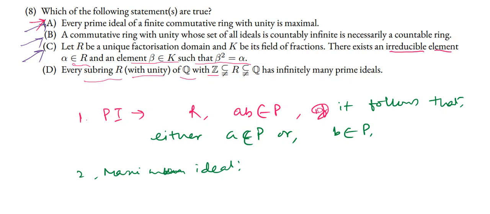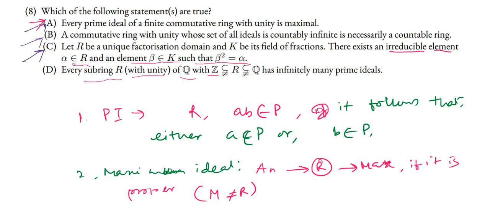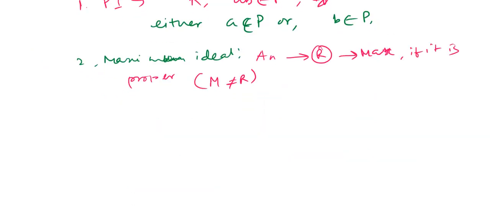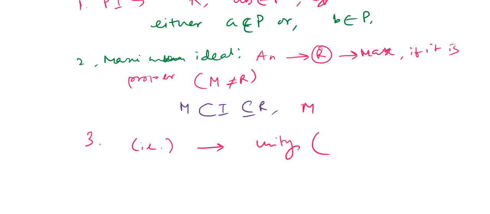So a maximal ideal is here. An ideal M of a ring R is maximal if it's proper, that means M not equals to R, and there is no ideal I such that M is a subset of I, a proper subset of R, where I is strictly larger than M. Now a finite commutative ring is a ring with a finite number of elements, with commutative multiplication, that has a unity, a multiplicative identity also.